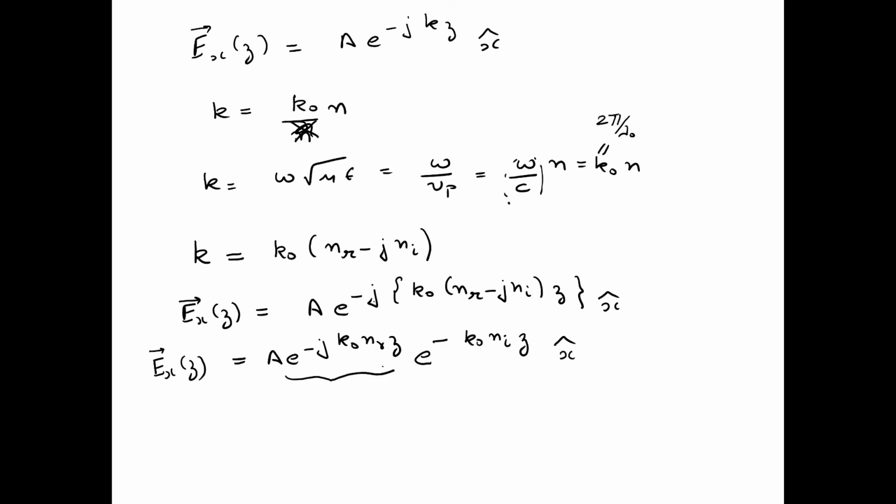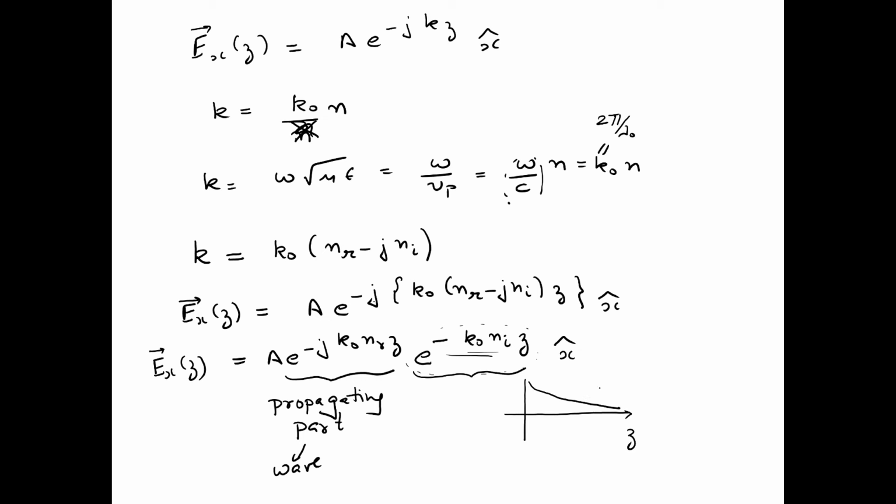If you look at this part here, this part is still the propagating part. This is your wave. But now the wave has been modulated, it has another term in front of it, and that term is saying that the amplitude of the wave is going to decay. As z increases, this function is going downwards.